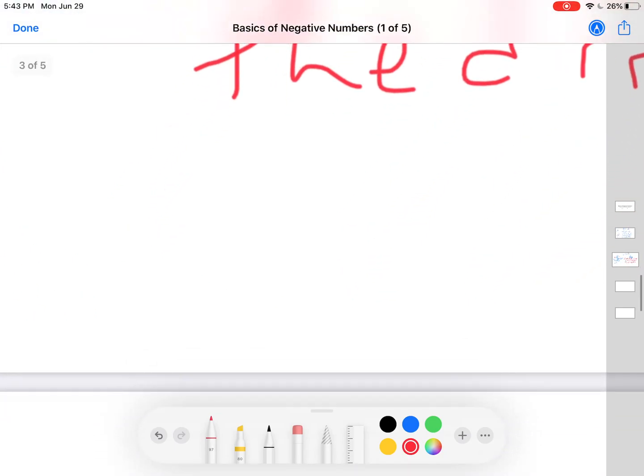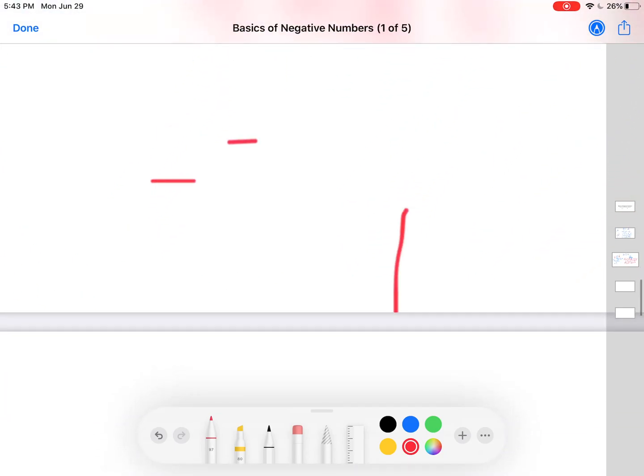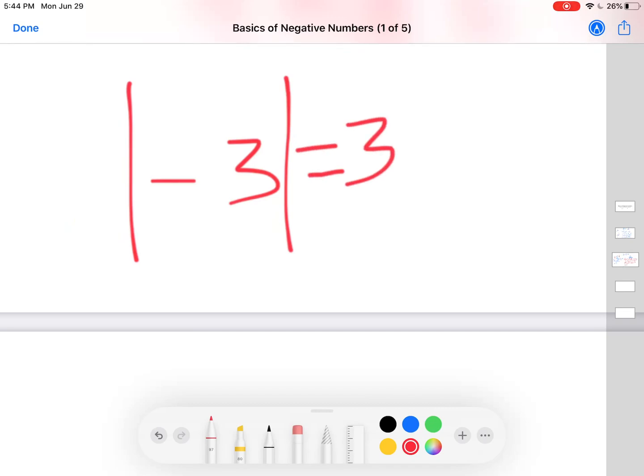The symbol for absolute value, here's negative 3, that's what we were talking about. The symbol for that is 2 parallel lines placed around it. And the absolute value of negative 3 is, how big is it? Well, how big is negative 3? It is 3 big. So the absolute value of negative 3 is 3.